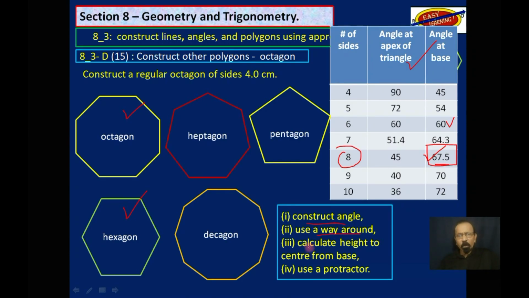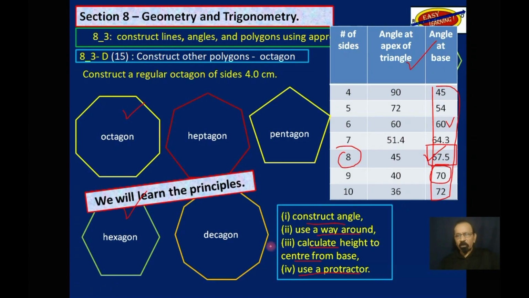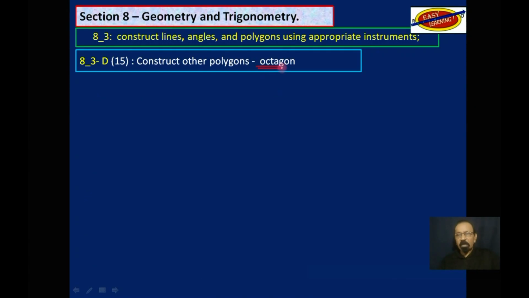If we can't find a way around, we will calculate height to the center from the base, and if all of that fails, we will be forced to use a protractor to measure these base angles over here, to measure them, for example, 70 degrees. So we will learn some principles. So let's continue with the octagon.